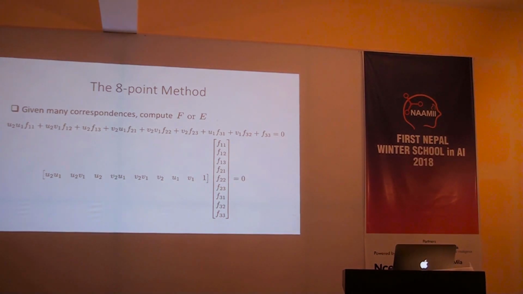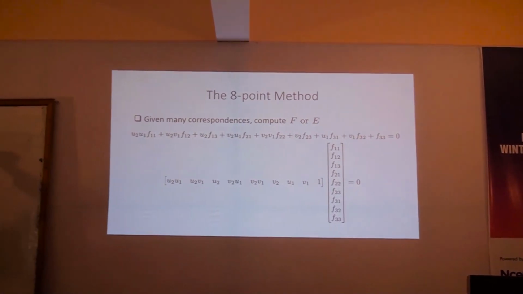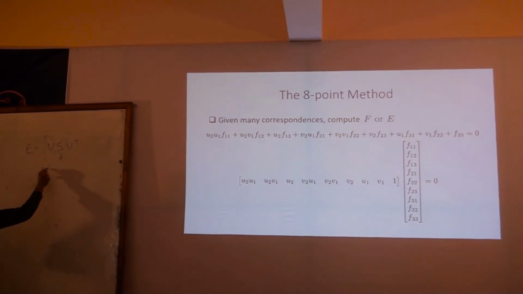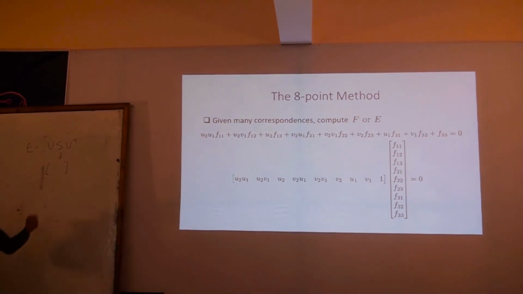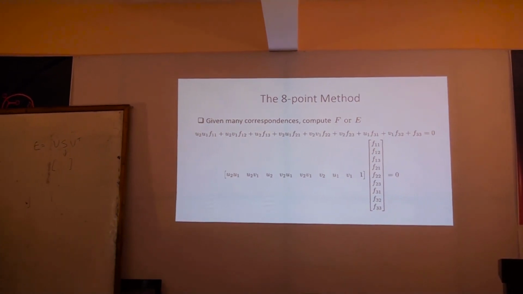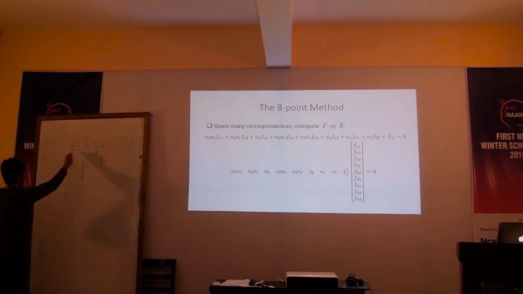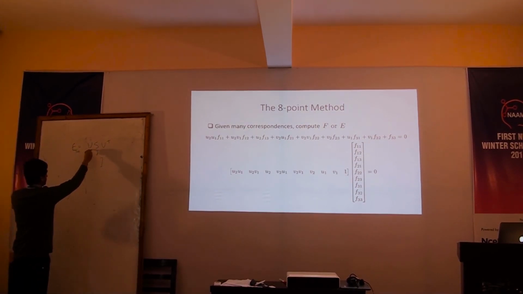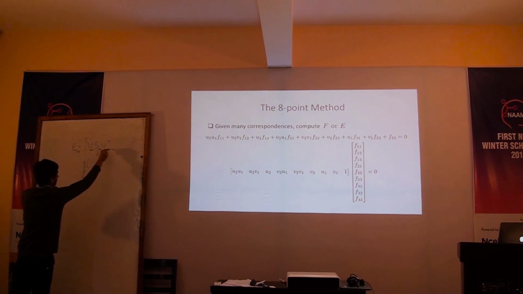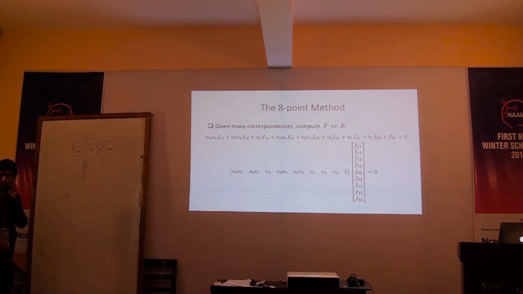So what you do is you simply do SVD of the essential matrix. So you have E equals U, S, V transpose, right? In general, S here is 3 by 3. Everything will be 3 by 3 matrices because the essential matrix is 3 by 3.